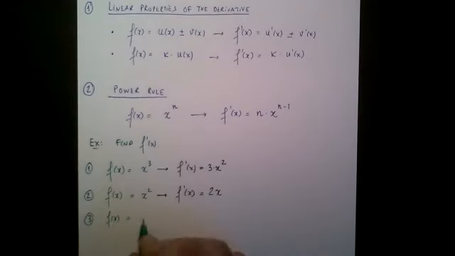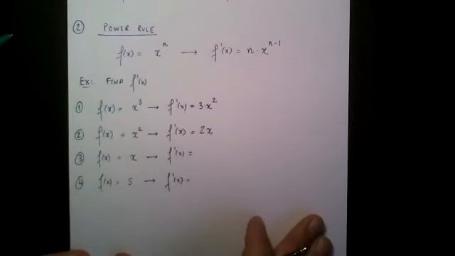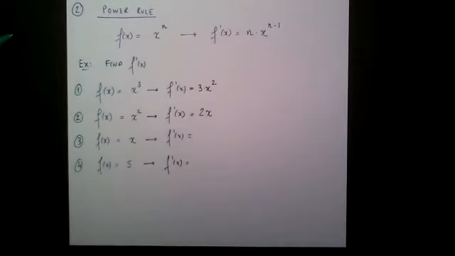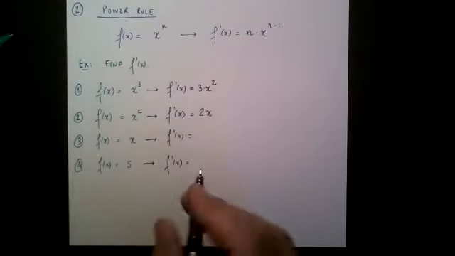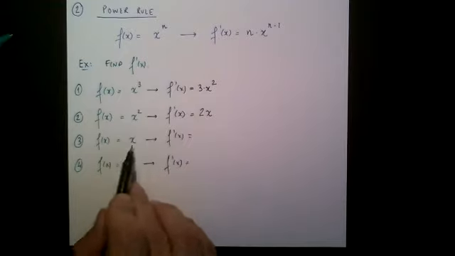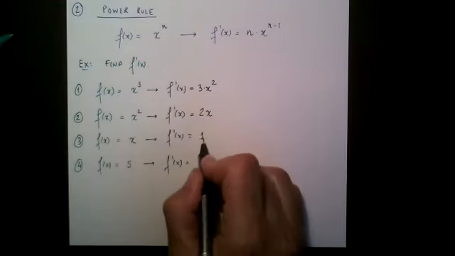f of x equals x. Number 4, f of x equals 5. What is it? Number 3, what is it? 1. 1, perfect, because it's 1 times x to the 0, which is just 1.